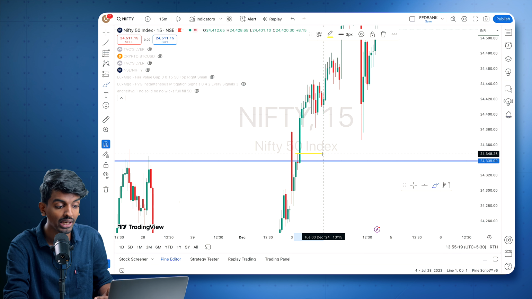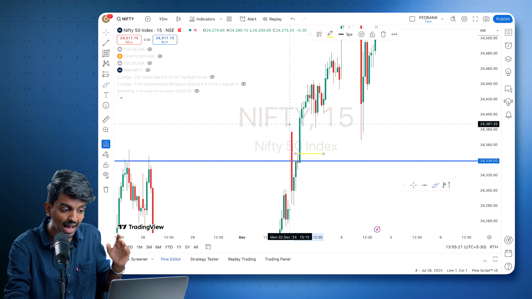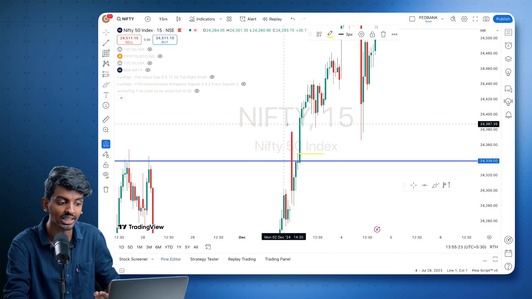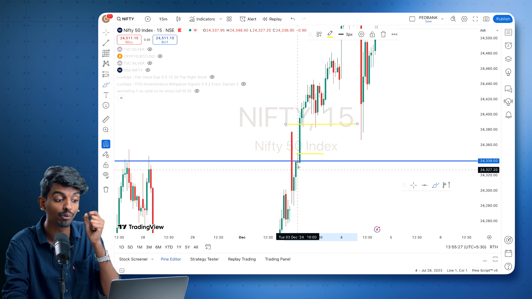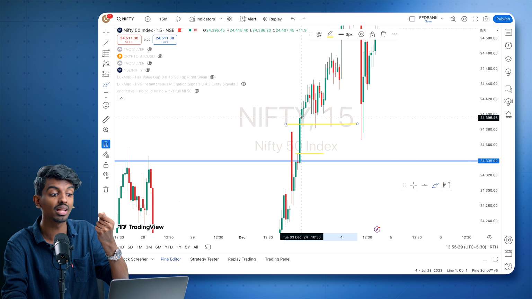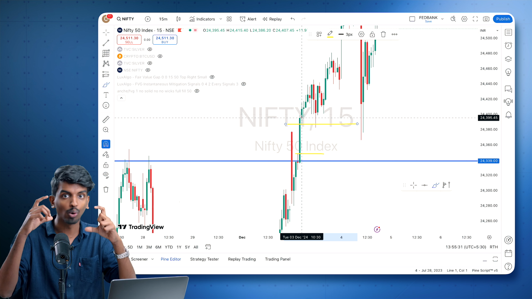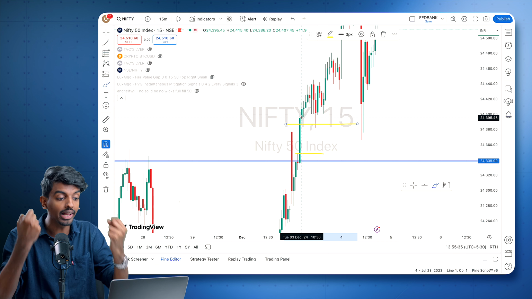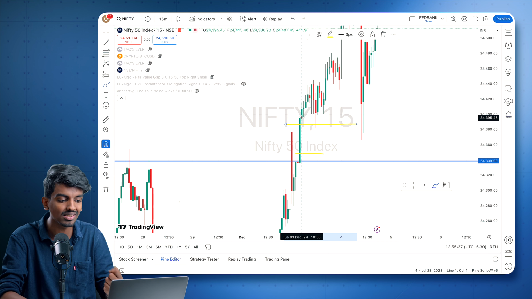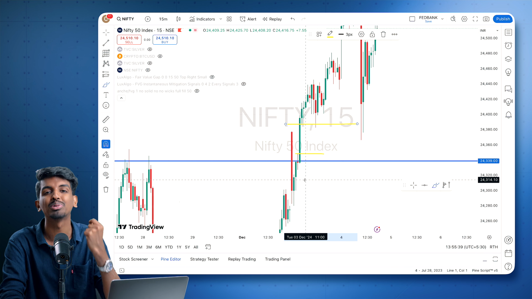If the high of the first candle is not touching the low of the third candle, that means the second candle was very big, right? In situations like that, a fair value gap is created.